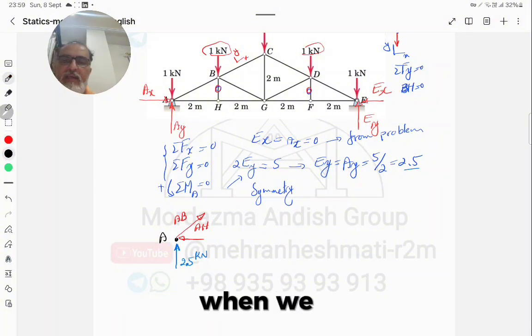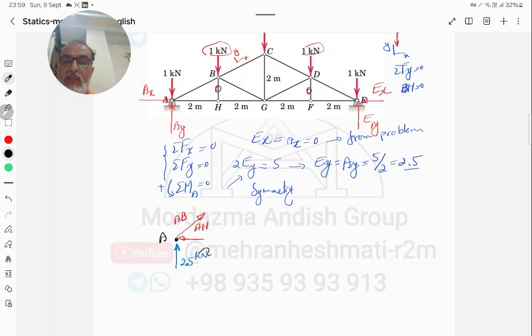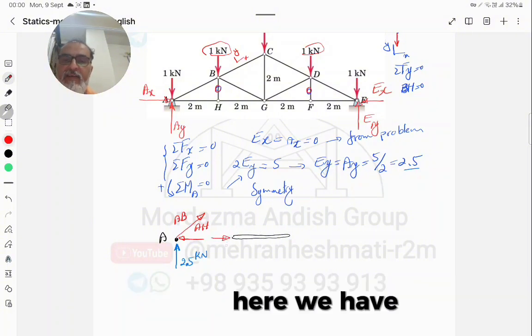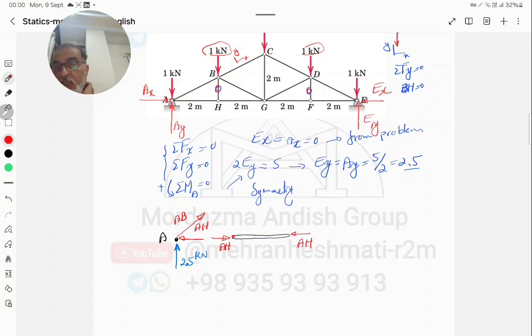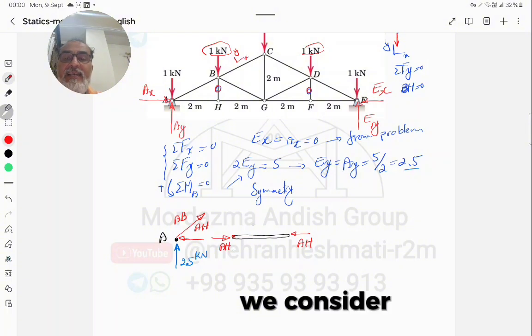When we write AH in this direction, we should consider the reaction force on the member, and in this condition we consider it as compression.